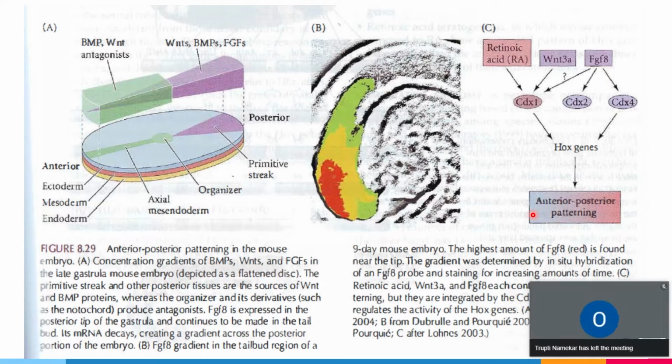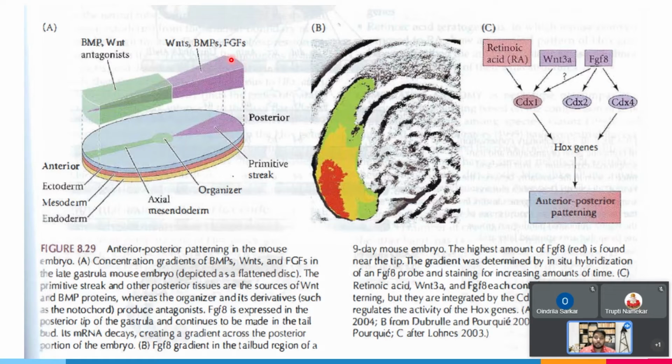So essentially, the combination of the signaling molecules in a particular region of the embryo gives rise to the anterior posterior pattern. What retinoic acid does is activate the transcription factor CDX1, and this in turn activates various Hox genes downstream to it.